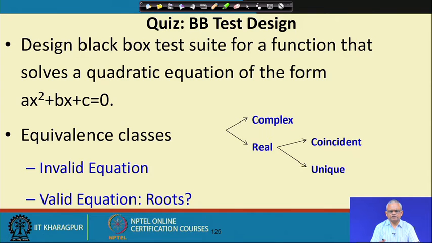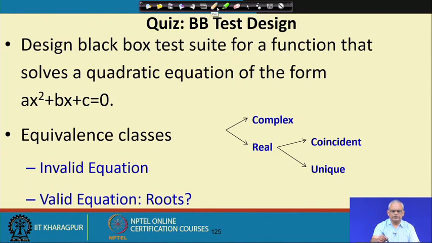Now, let us conclude our discussion on the equivalence class and boundary value testing, but before that let us do a small quiz. Let us say we have a function which solves the quadratic equation of the form a x square plus b x plus c.